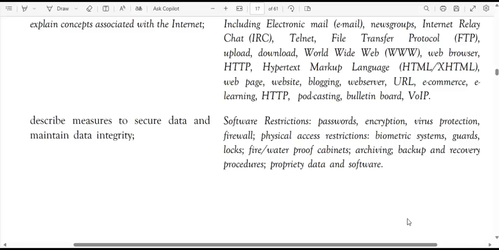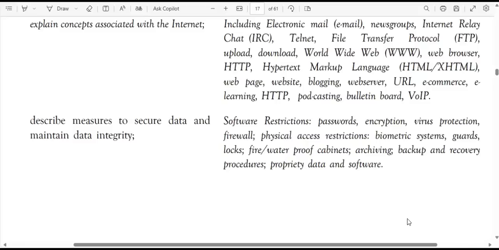Now, a final one that we're going to look at is fireproof, waterproof cabinets, and these are physical security. Special cabinets are designed to protect physical documents from fire, water, theft, and damage. The purpose of a fireproof, waterproof cabinet is to maintain the physical security and integrity of printed records.